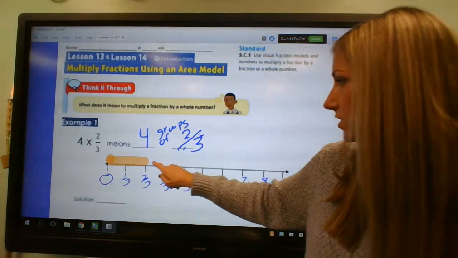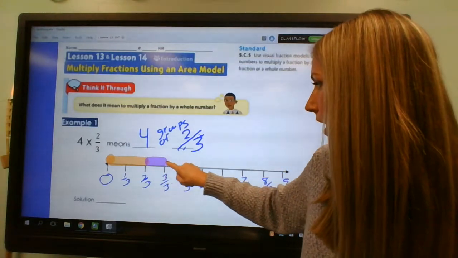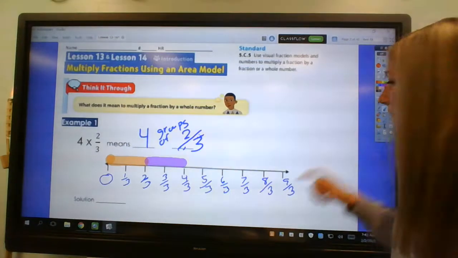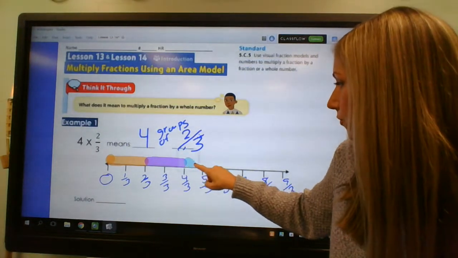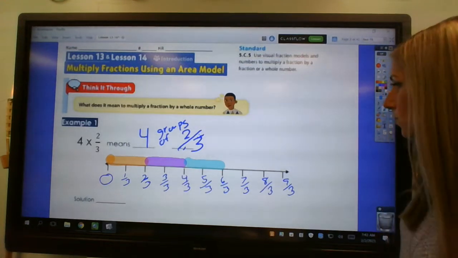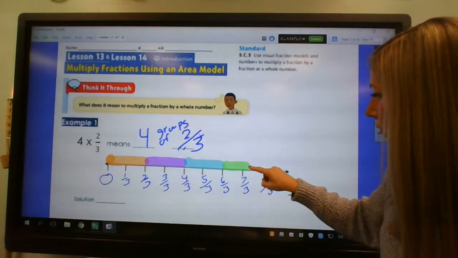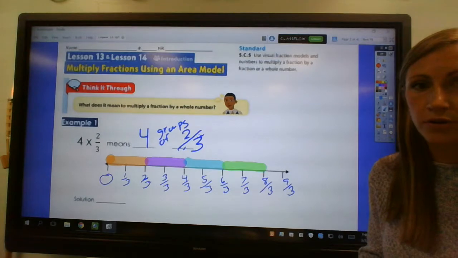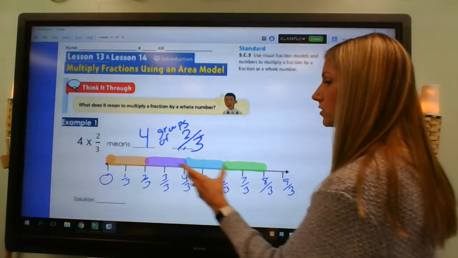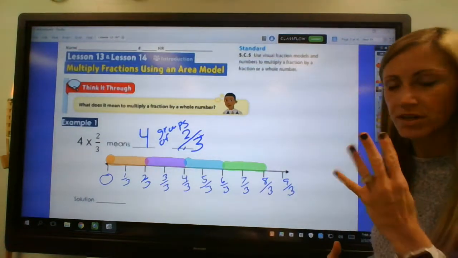Since I counted by thirds, here's my second group of 2/3. And then here's my third group of 2/3. And then my last one, my fourth group of 2/3. So 4 groups of 2/3, 4 times.